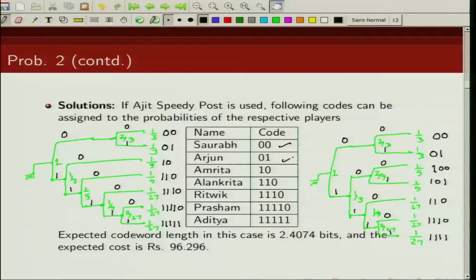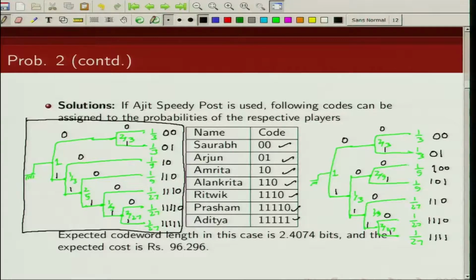So there are multiple ways in which I can create this Huffman tree. Each one of them will give the same expected value. You can verify that. And what I have written here is actually this one. Now you can find out what the expected code word length is from the path length lemma.